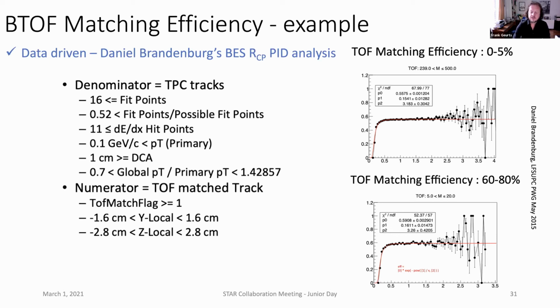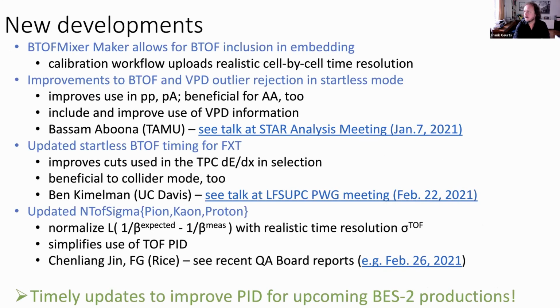What has been happening meanwhile, and that takes me to my last slide before wrapping up, are some very interesting developments that have now a so-called BTOF mixer maker be part of production that allows you to actually ask for BTOF to be included in embedding.